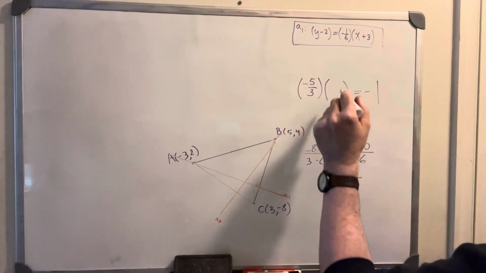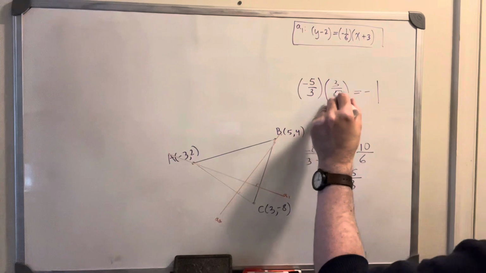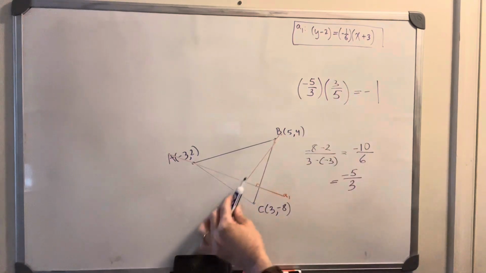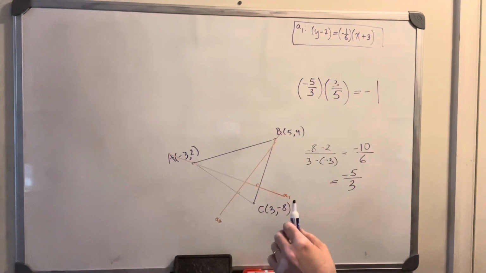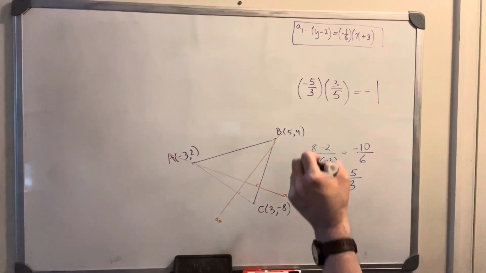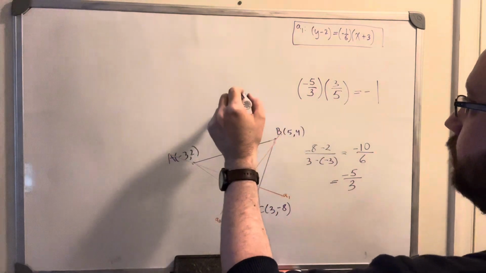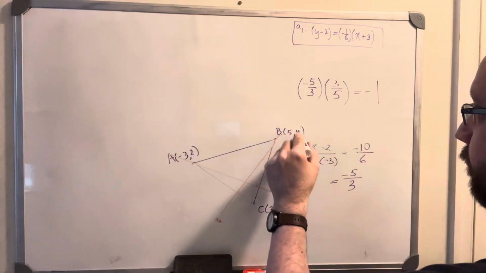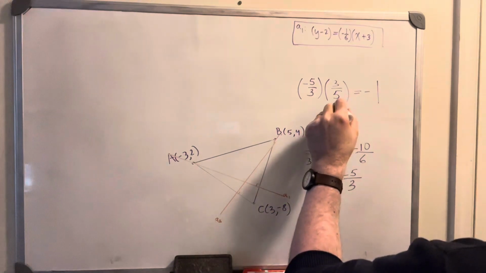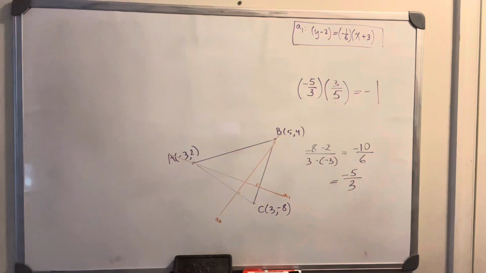Negative 5/3 times what? 3/5. So that means that this line has a slope of 3/5, which you can tell that the drawing is not drawn to scale. But fortunately, that doesn't matter in this case. Now we know the point 5, 4 and the slope 3/5. Now we just have to write it in point slope form.